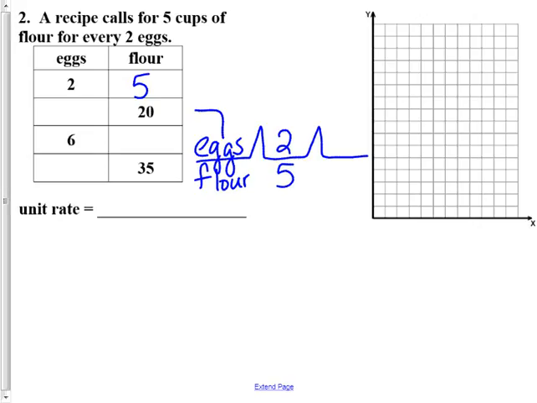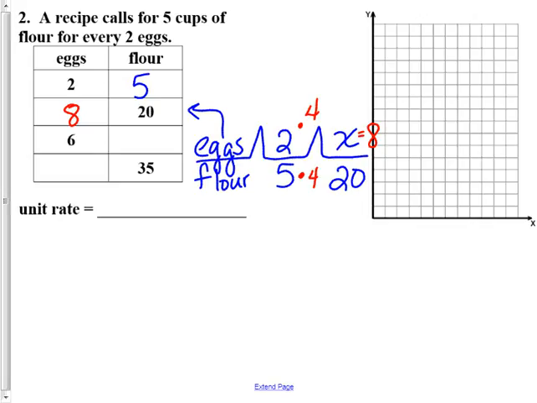And then on this line right here, to solve this, I want to know how many eggs for 20 cups of flour. And I should be able to see, or you should be able to see, I can do 5 times 4 to get 20. And 2 times 4 then is 8. But you don't necessarily have to do all that.